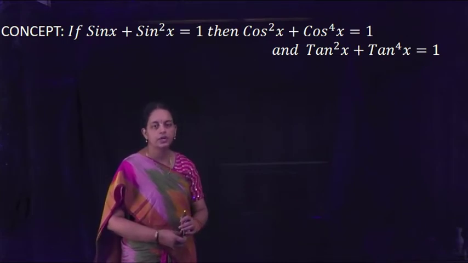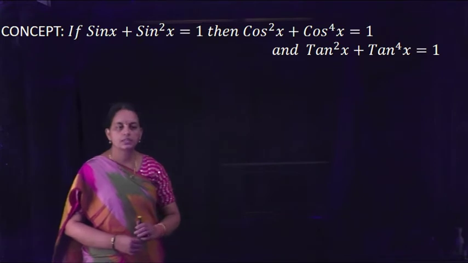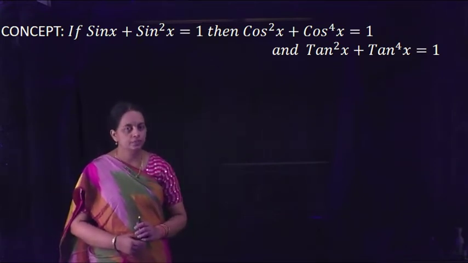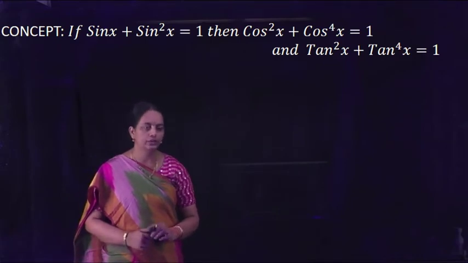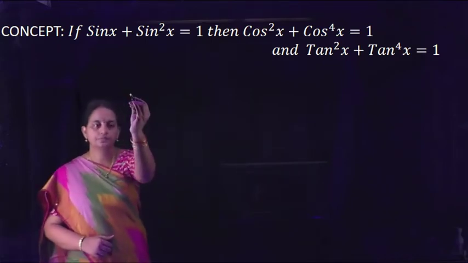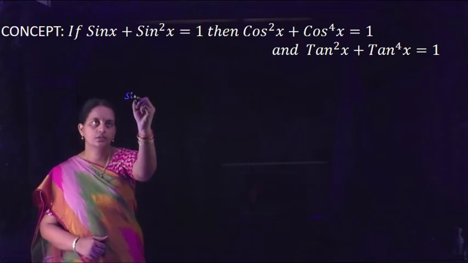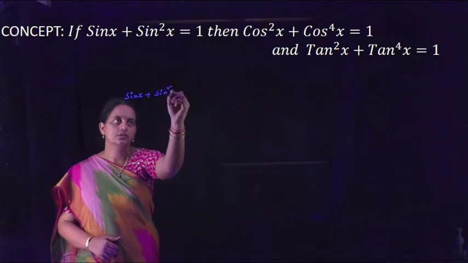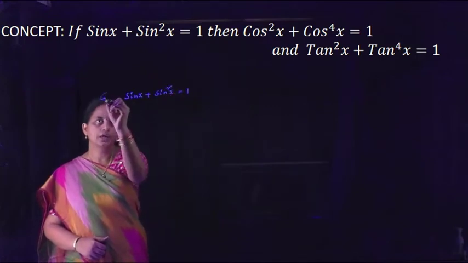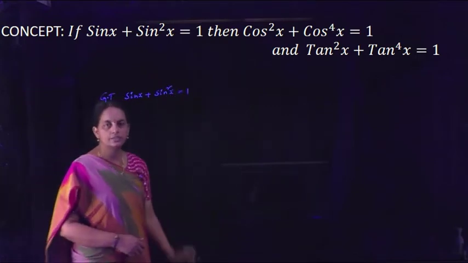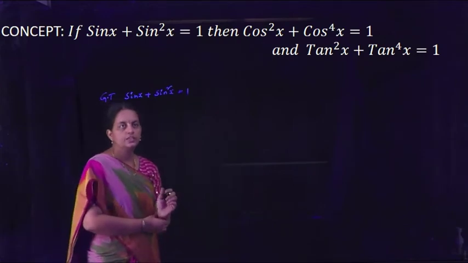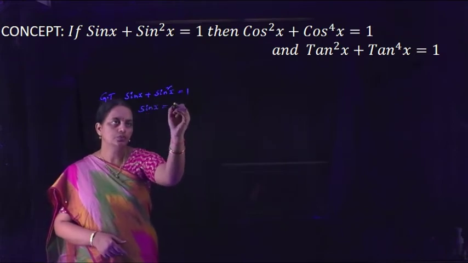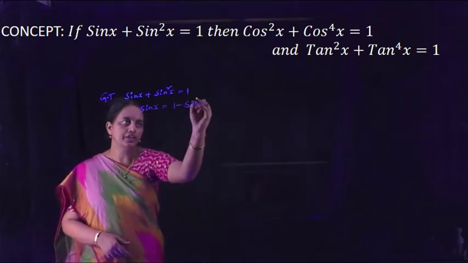Okay. Now we are going to discuss the next concept, that is, if sin x plus sin square x is equal to 1, then cos square x plus cos power 4x is equal to 1 and tan square x plus tan power 4x is also equal to 1. Given that sin x plus sin square x is equal to 1, from this we can write sin x is equal to 1 minus sin square x.